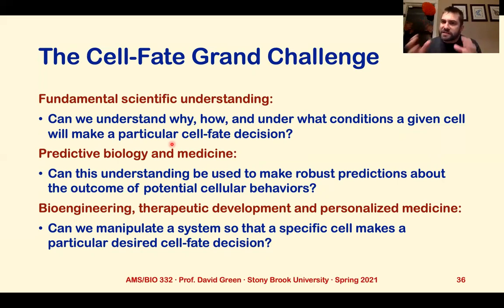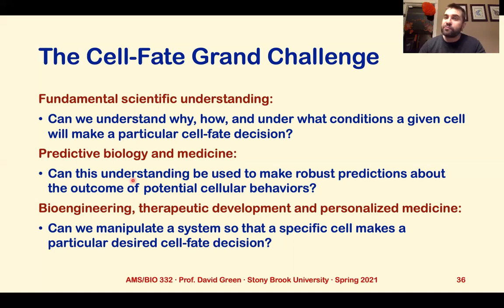Can we understand that decision process, that kind of signal processing issue, if you will, in detail? If we had that level of understanding of what makes cell fate decisions occur, we might be able to use this to make robust predictions about what might happen under certain conditions.